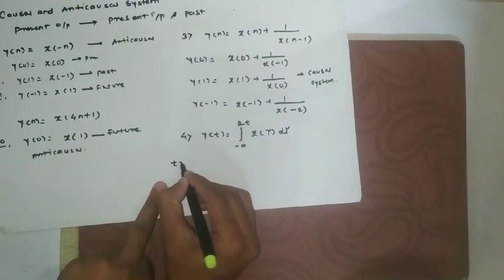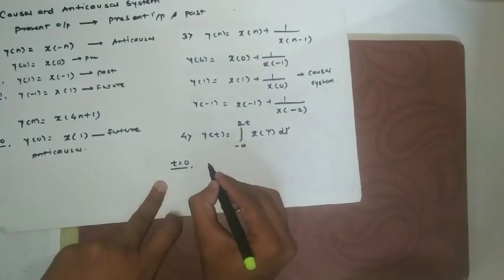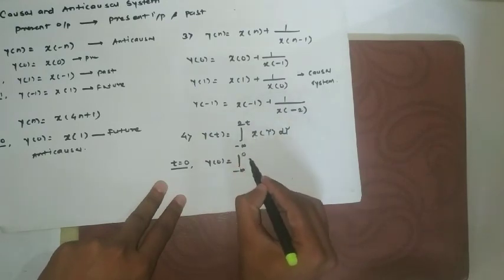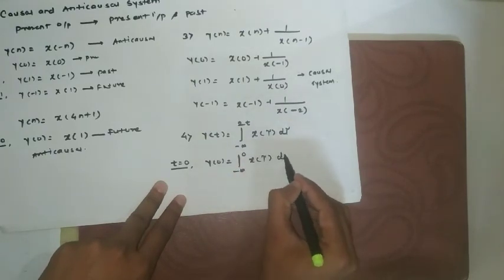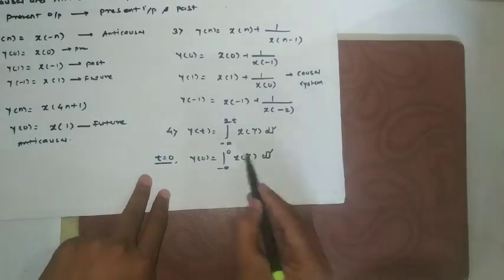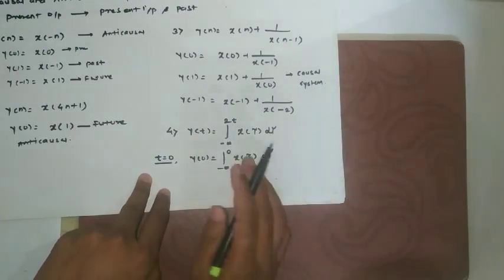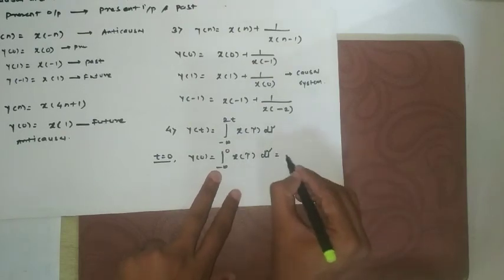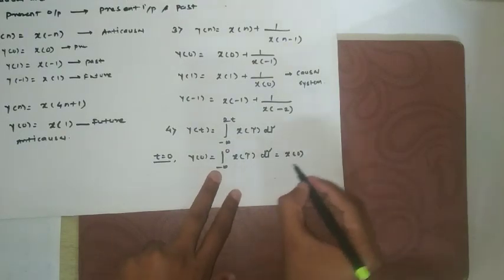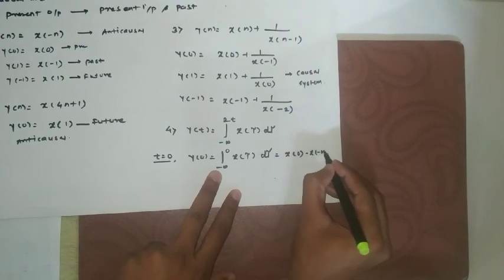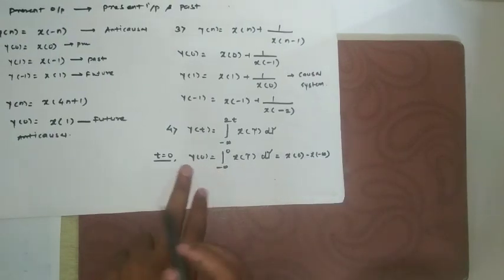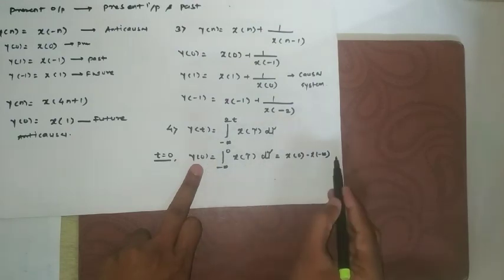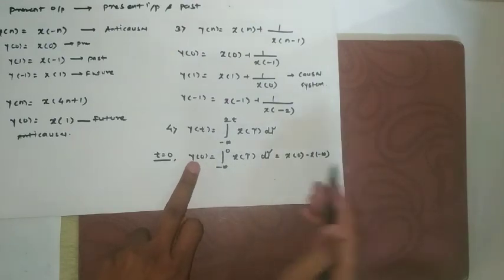Suppose I am putting t = 0, we will get y(0) as the integral from minus infinity to 0 of x(τ) dτ. Now we know that whenever we integrate, after that we put the upper limit and lower limit. The upper limit is 0, so this is x(0), minus the lower limit, minus infinity, this is x(-∞). If you see, 0 is present and minus infinity is past. So the output depends upon present and past.